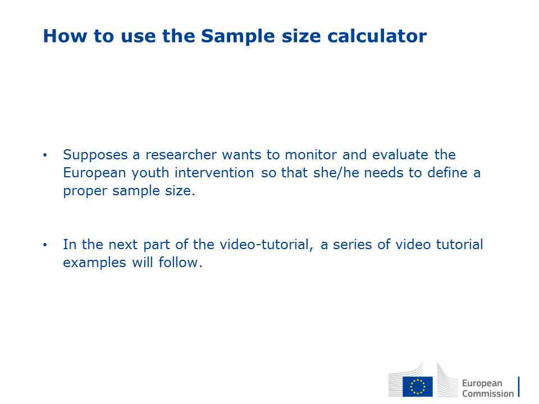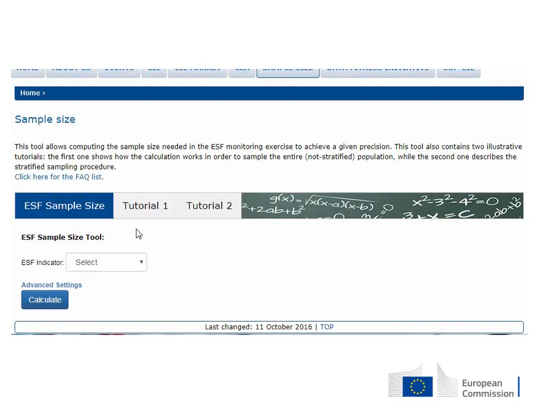Suppose a researcher wants to monitor and evaluate the European Youth Intervention, so she or he needs to define a proper sample size. In the next part of the video tutorial, a series of examples will follow. This tool allows computing the sample size needed in the ESF monitoring to achieve a given precision.